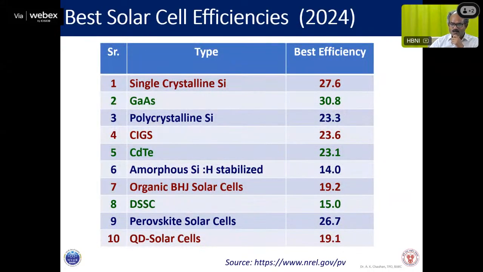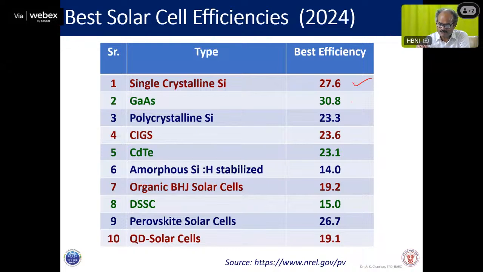So with this, which is basically the last slide for me on photovoltaics, we conclude all our photovoltaic lectures. Here are the best solar cell efficiencies. For single crystalline silicon, approximately 27.6% is the best efficiency.